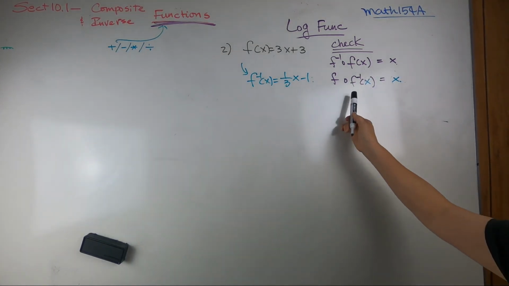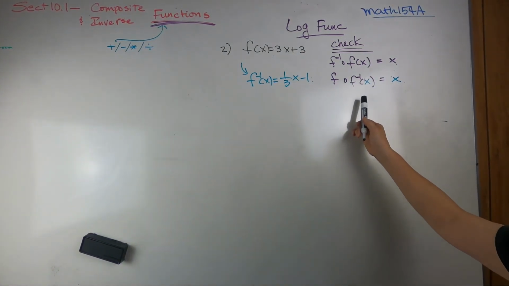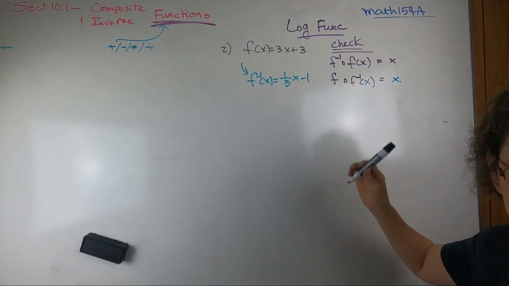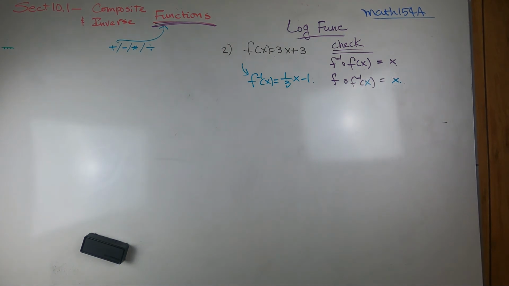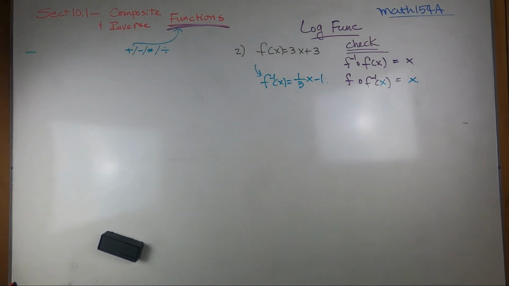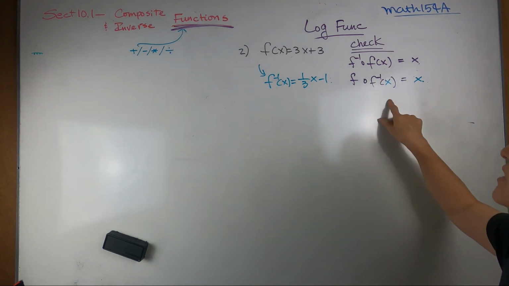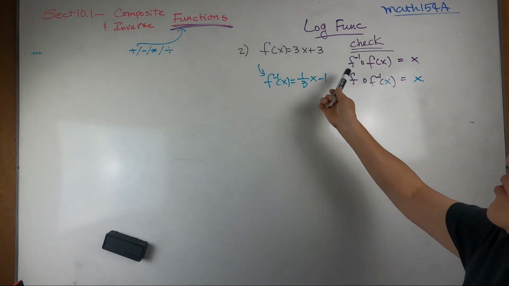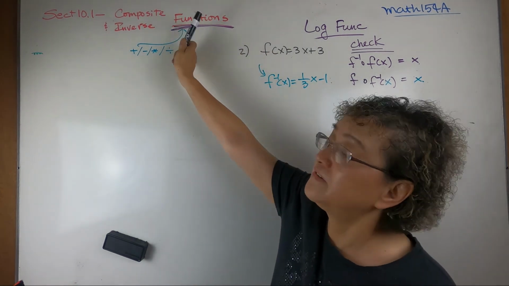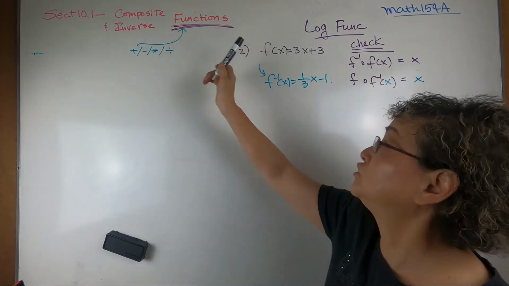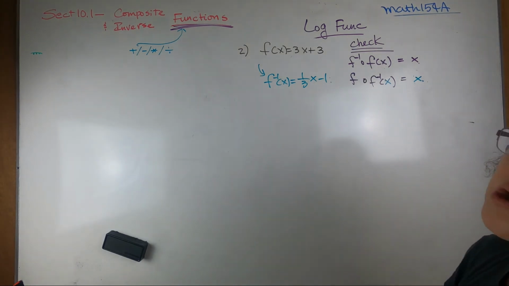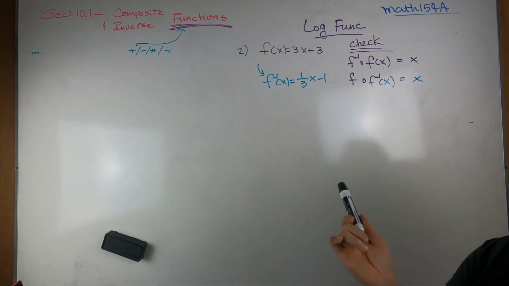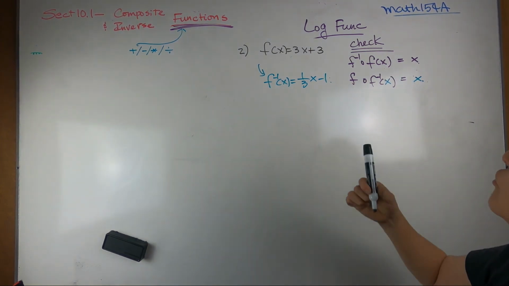So, when we do the inverse, okay, we need to use the composite functions to check it. Those are composite functions, right? Because you compose going there and coming back. Have to get back to original.